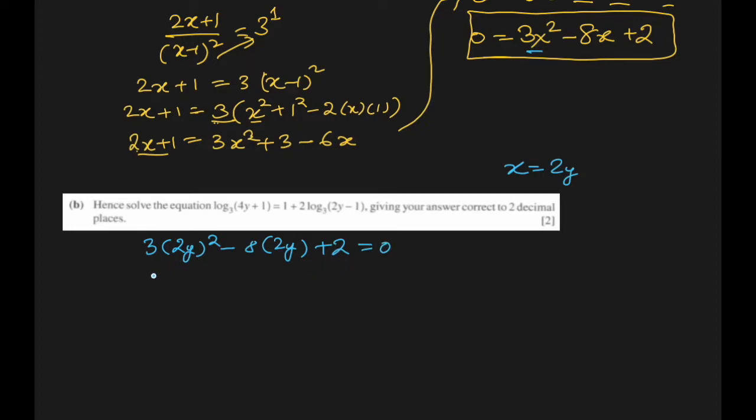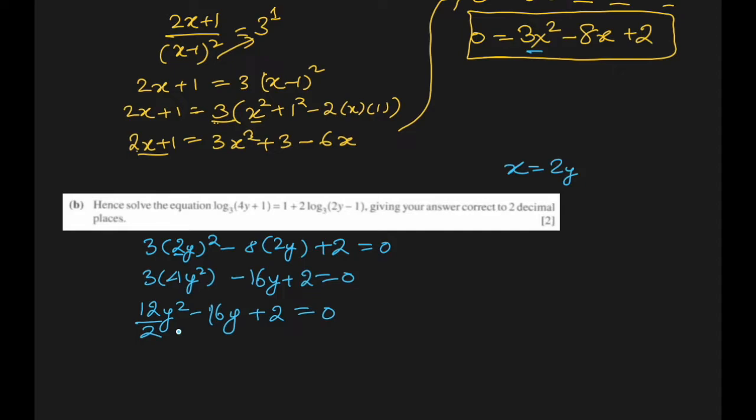So what is this? 3 times 4, because 2 squared is 4, since the square is over both. So it becomes 4y squared inside, minus 16y plus 2 equals 0. This becomes 12y squared minus 16y plus 2 equals 0.